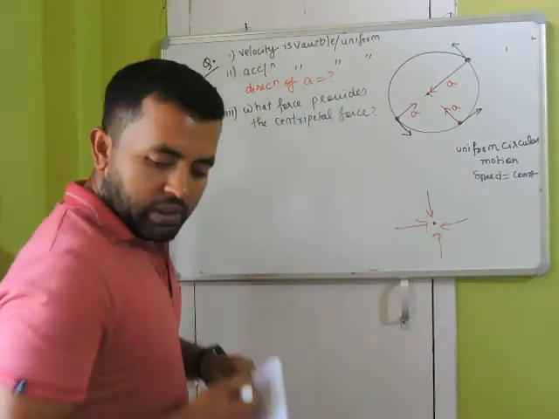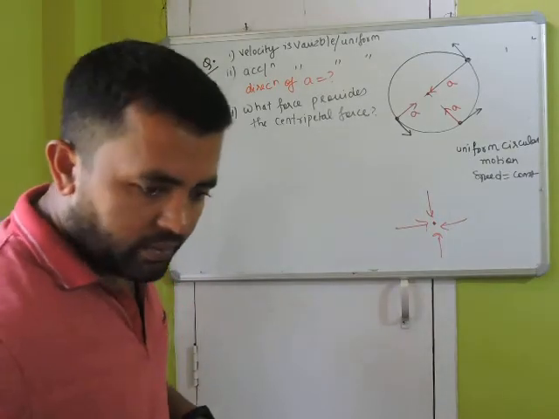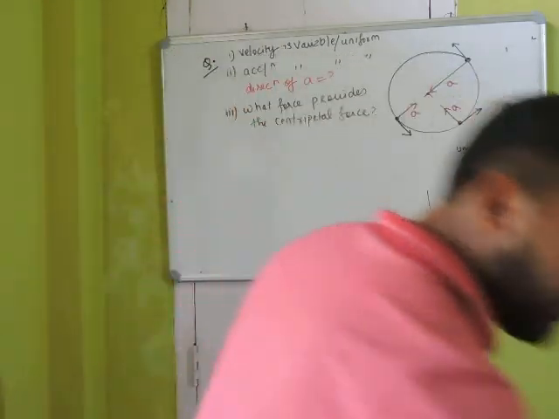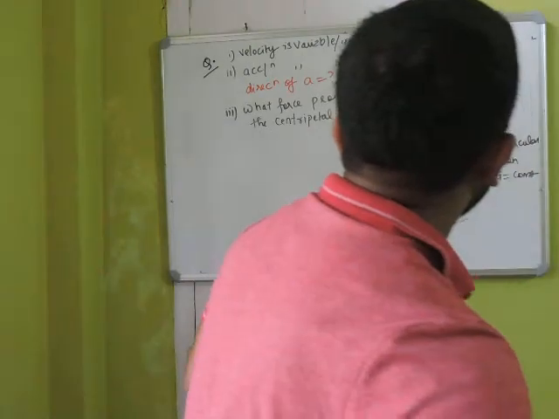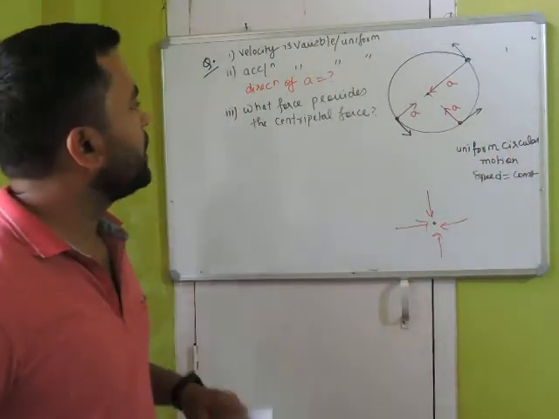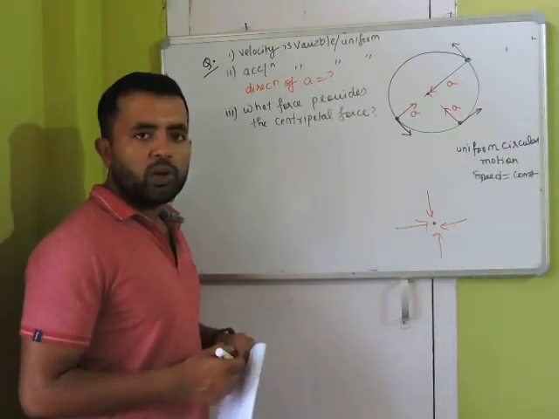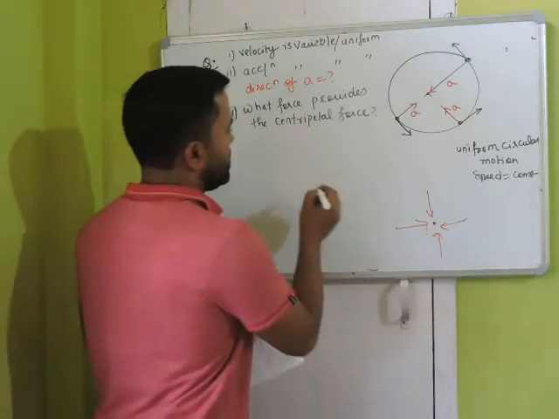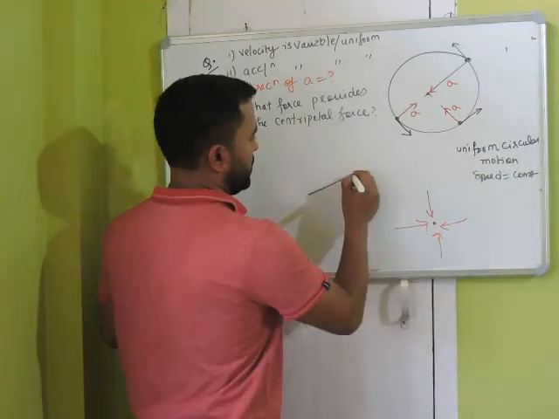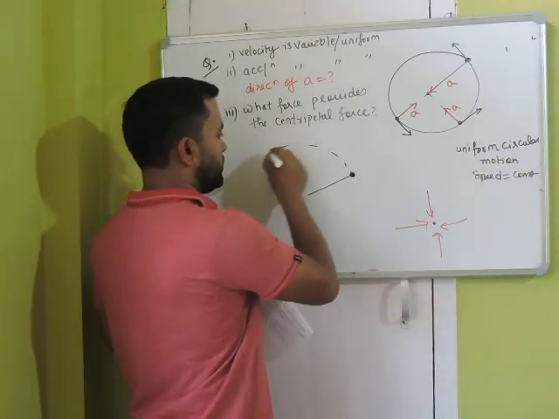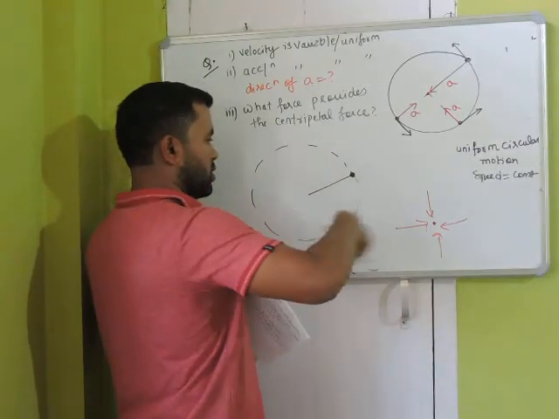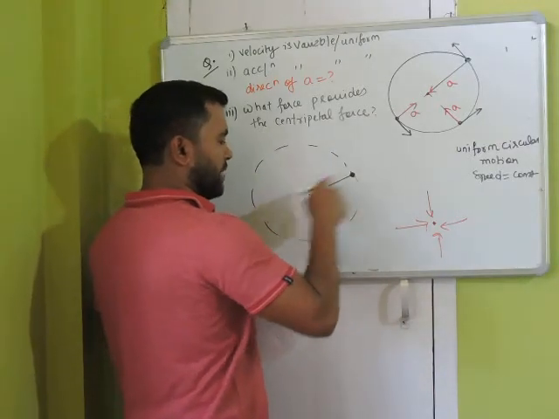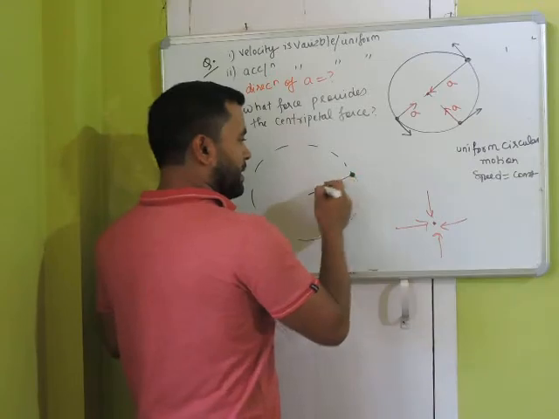Now, to answer this question, we talked about how centripetal force is not a new kind of force. As you rotate the stone, the string will become tight and tension will be developed.